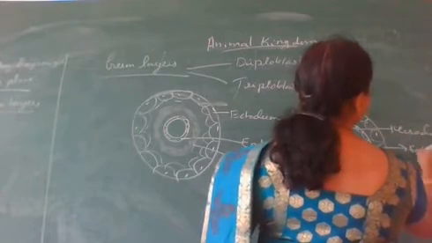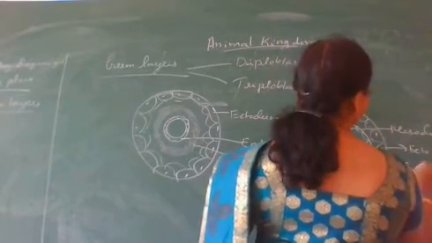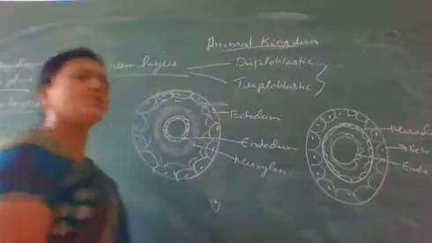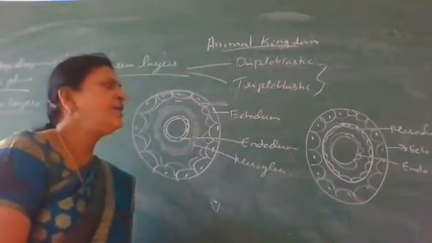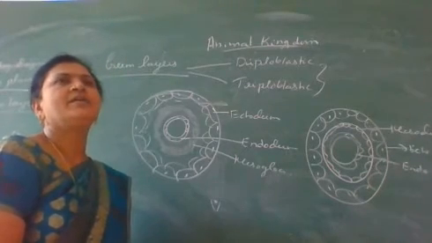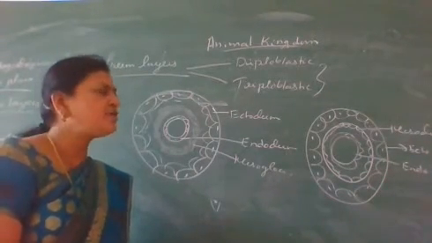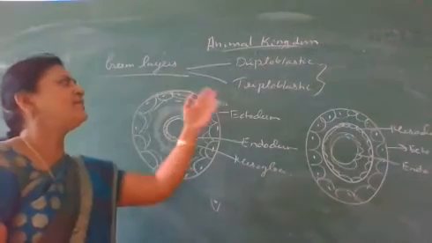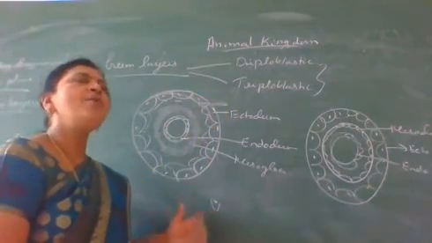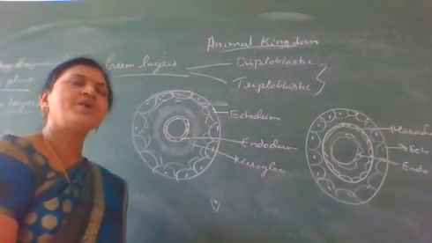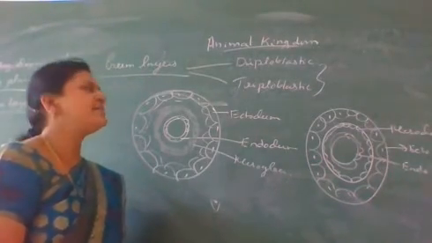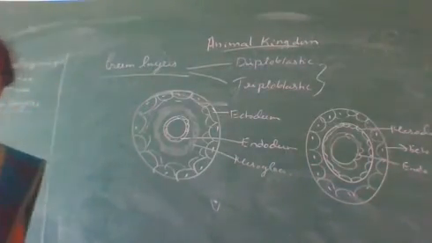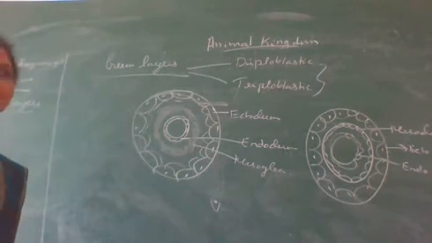This is ecto, this is endo, and this is mesoderm. In between the ectoderm and endoderm there is a definite germ layer called mesoderm. Such animals are called triploblastic animals. Starting from platyhelminthes up to the chordates, all animals are triploblastic.